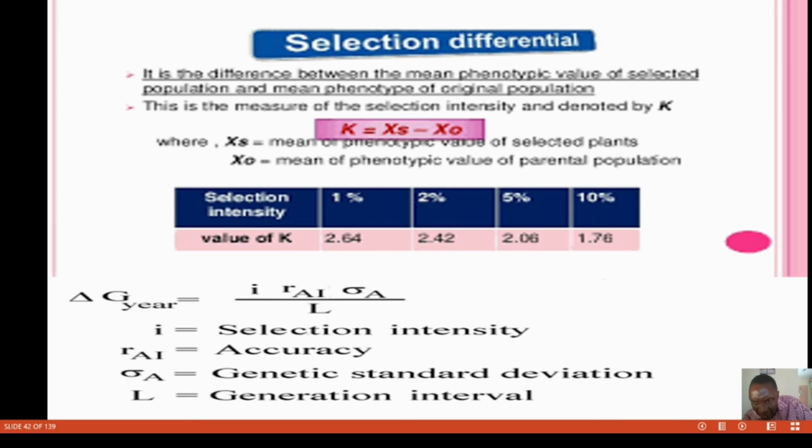Then the A sub AI is the accuracy. Then we have sigma sub A, which is the genetic standard deviation. And then we have the L, which is the generation interval.